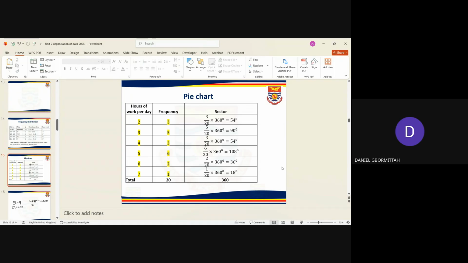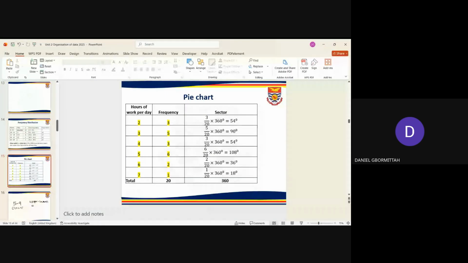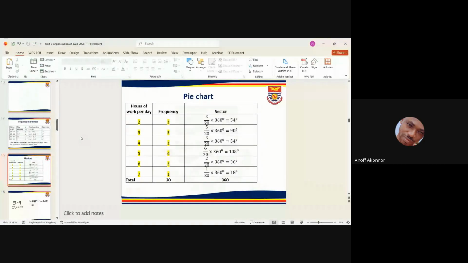Can one of you tell us why you think it's feasible for this data? Why do you think this one, for example, is feasible using pie charts? Anof has not spoken this morning. Yes.